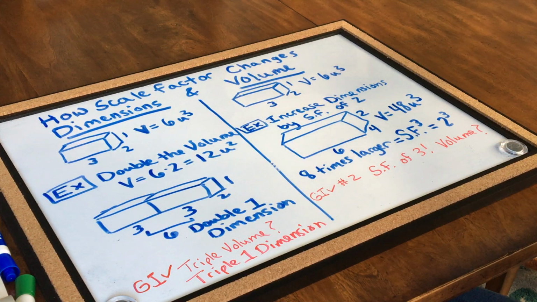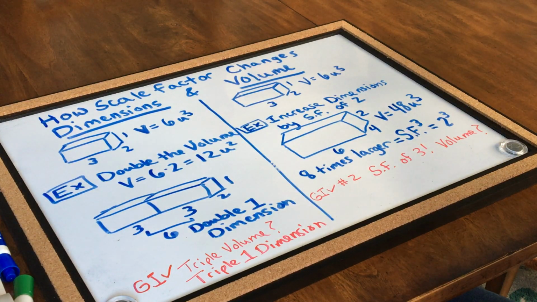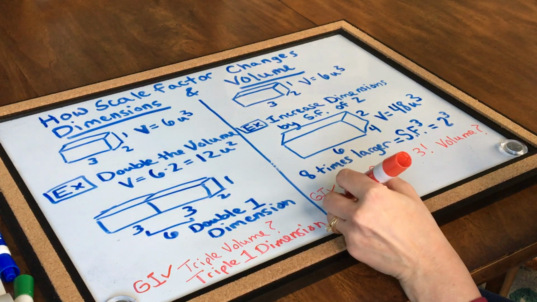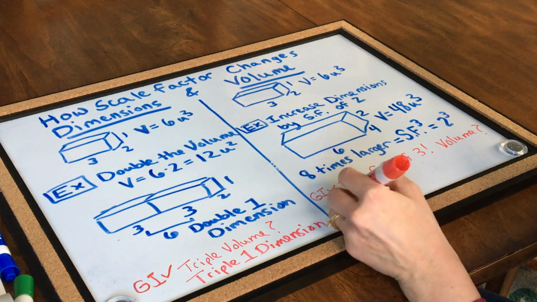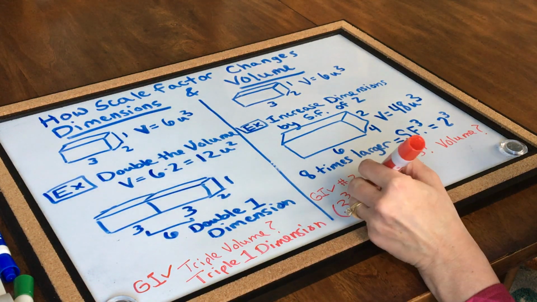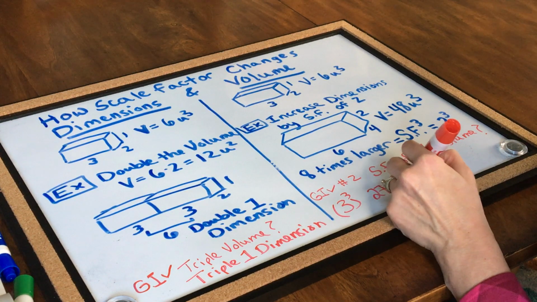All right, I hope you've come back from the pause of the video, and let's find out what my new volume would be. So this time, I'm working with a scale factor of 3. So what that means is I'm going to increase the volume by 3 to the third power, because 3 is my scale factor. It's going to be 27 times larger.